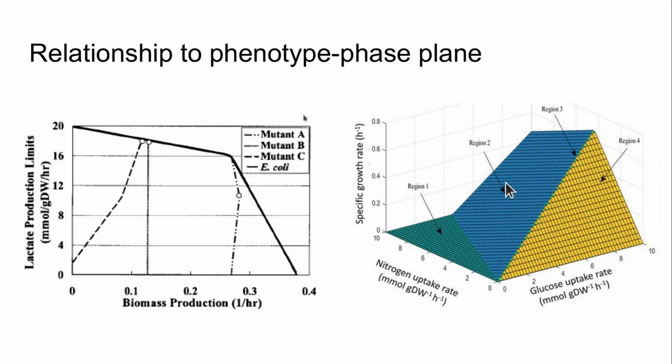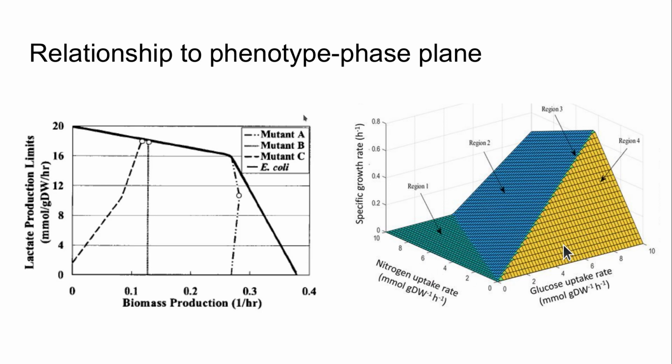The phenotype phase plane shows the maximum growth at a fixed rate of glucose uptake, or uptake of metabolite 1, and fixed uptake of metabolite B.